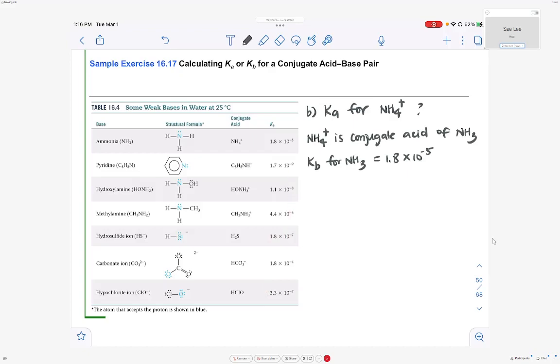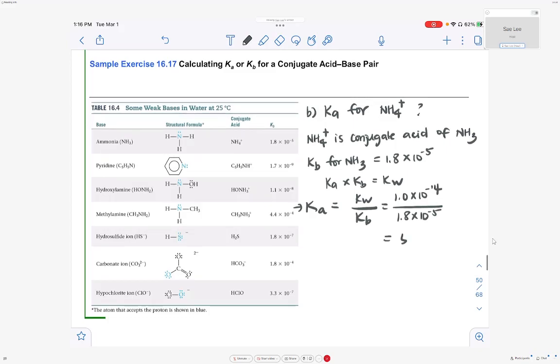All right, so Ka times Kb equals Kw. So Ka equals Kw divided by Kb. Kw is always 1.0 times 10 to the negative 14. Kb is reported to be 1.8 times 10 to the negative 5.